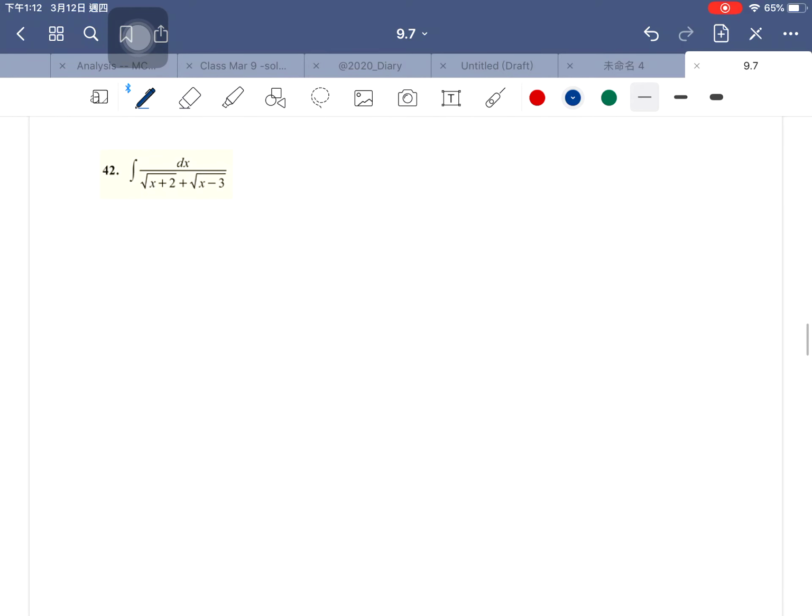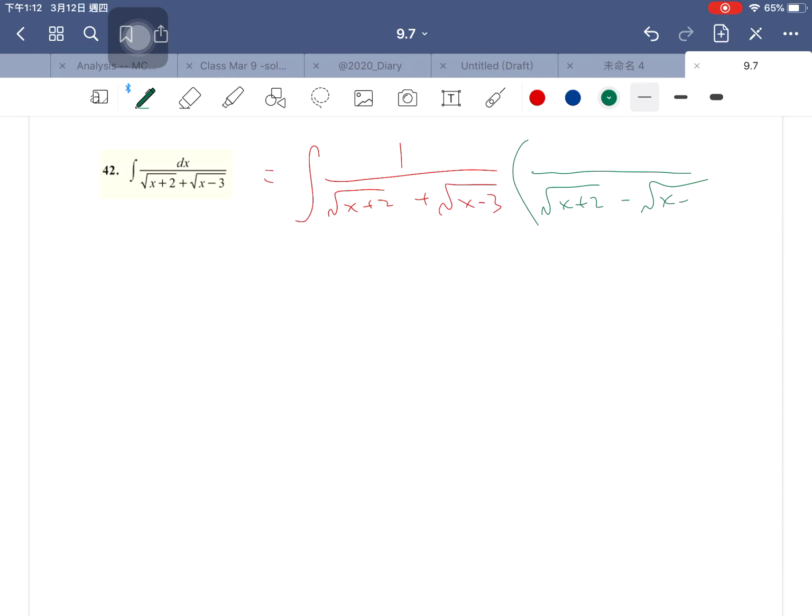42. For this one, my first idea is to multiply by its conjugate. I don't know whether it is correct, but let's try to do it. Multiply by its conjugate, root x plus 2 minus root x minus 3.